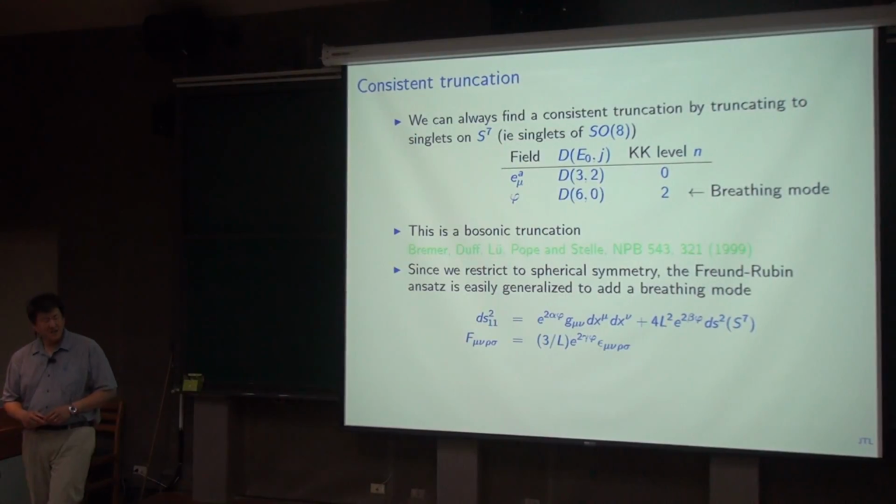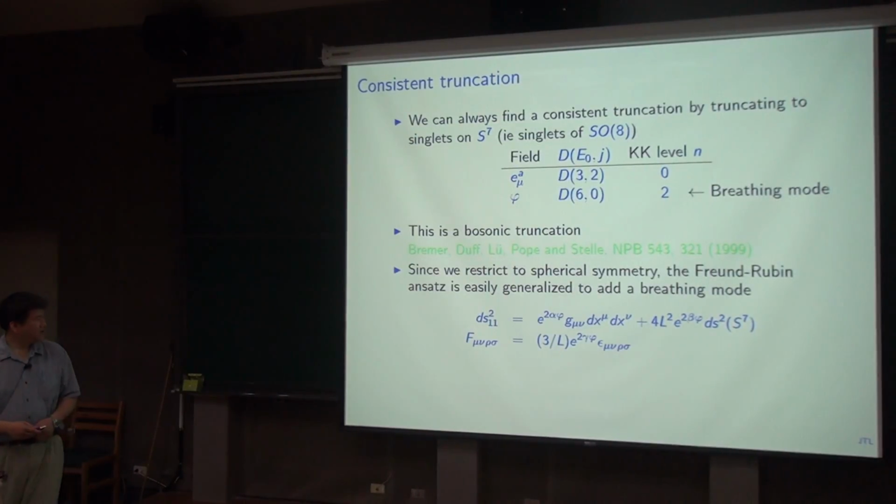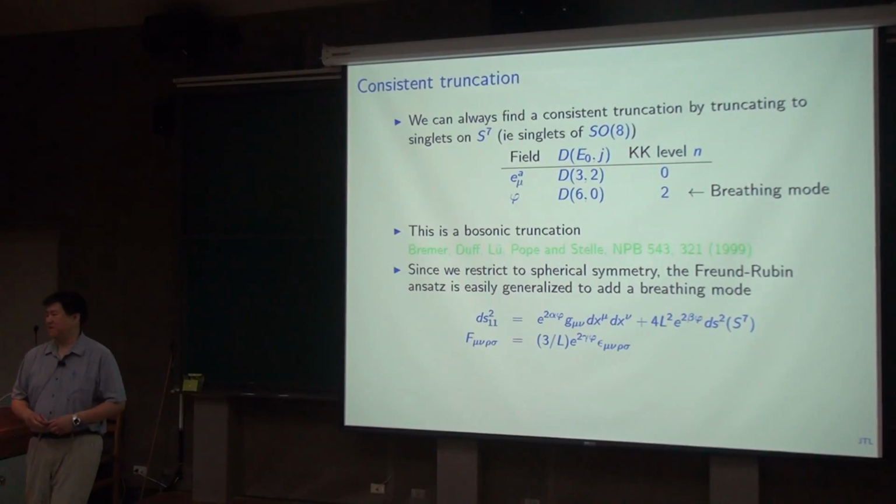This is basically the only ansatz I can make compatible with the symmetry of S7. Going to the singlets on S7 is keeping this to be round S7. I'm not going to destroy or distort S7. The only thing I can do is multiply it by a scalar.